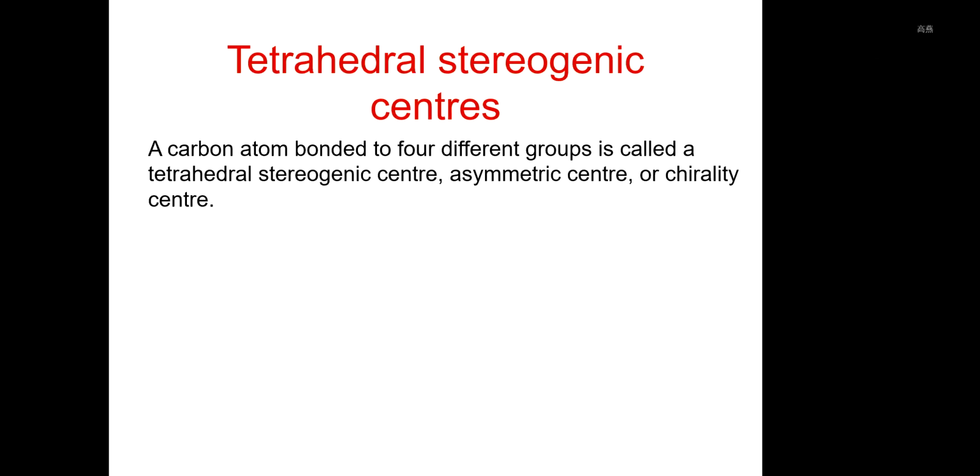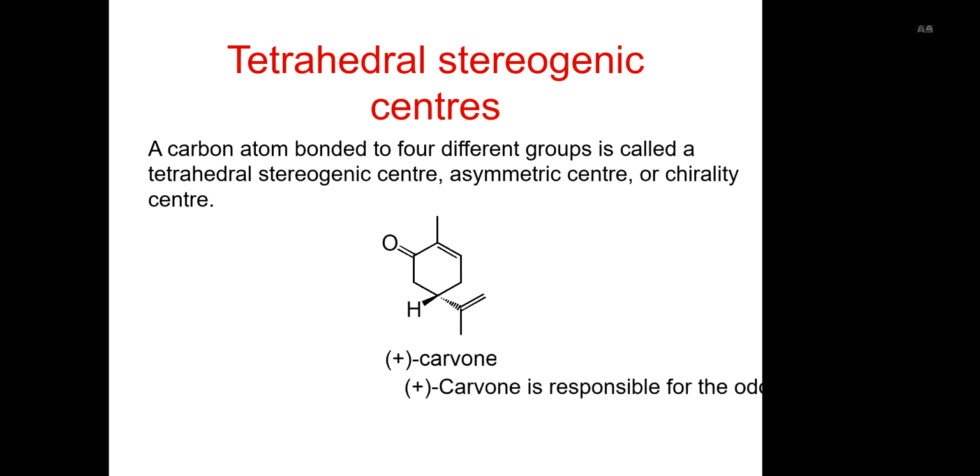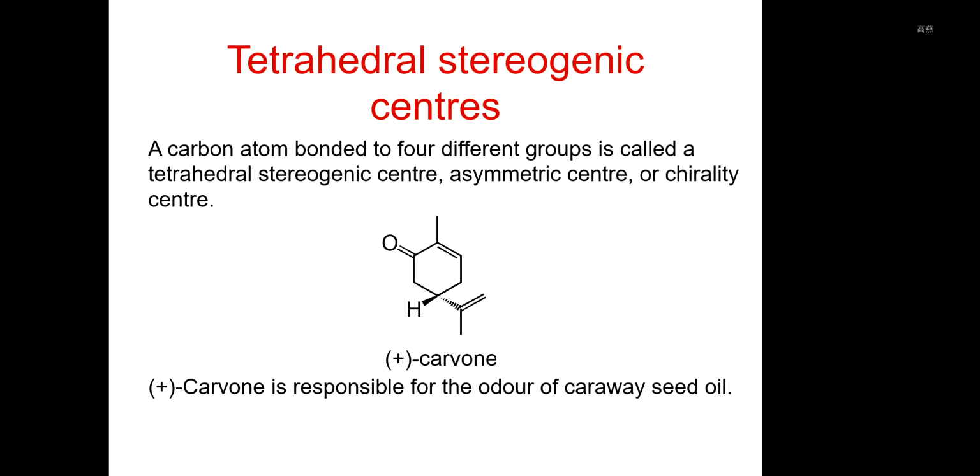Now, what do we call the carbon atom bonded to 4 different groups in an enantiomer? We call it a tetrahedral stereogenic center, right? It's also called the chiral center, asymmetric center, or chirality center.